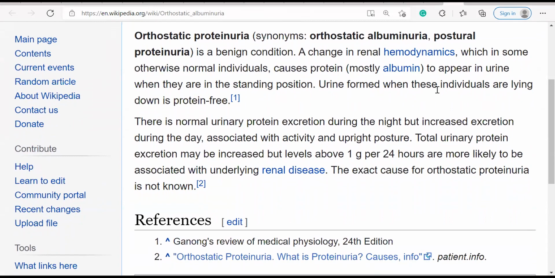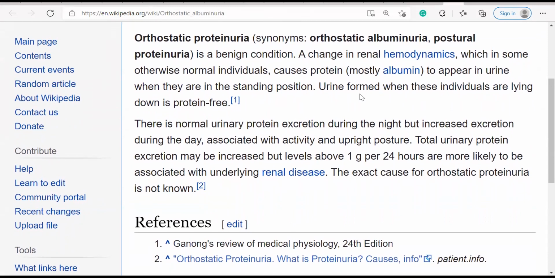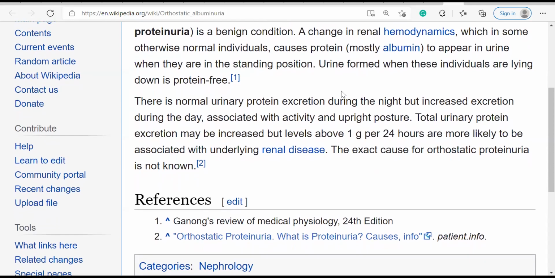Urine formed when patients are lying down is protein-free. That is, the morning urine that you are getting is when the patient is lying, right? So obviously the patient is sleeping at night in a lying down position, not in an upright position. So during that time in the morning, if you check the protein, you will get negative protein in the urine.